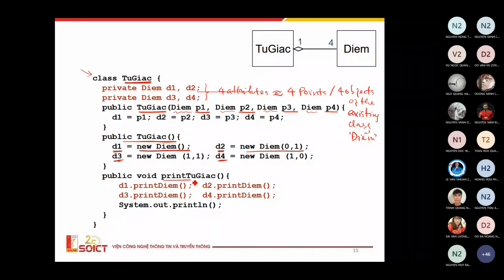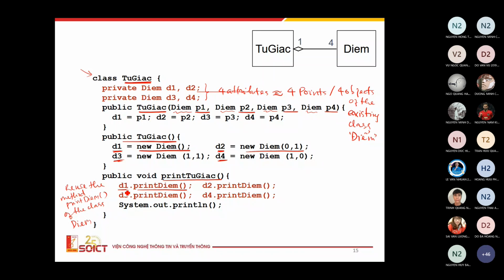And again, it can have a print method, which reuses the print điểm method of the class điểm.